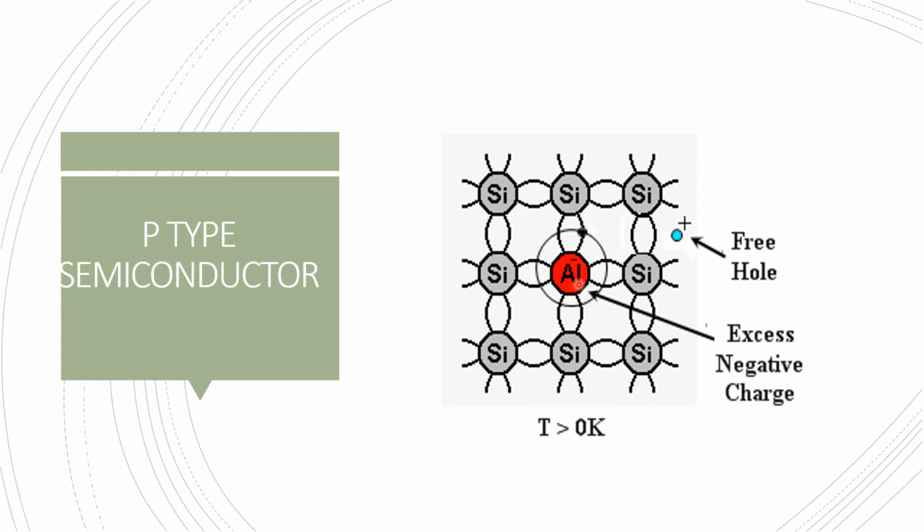Thus, this hole appears to move in the material and can conduct electric current. Its conductivity is not as high as that of a metallic conductor, and hence it is called a semiconductor. The conductivity is due to the motion of the holes. Hence, the semiconductor is called a P-type semiconductor.